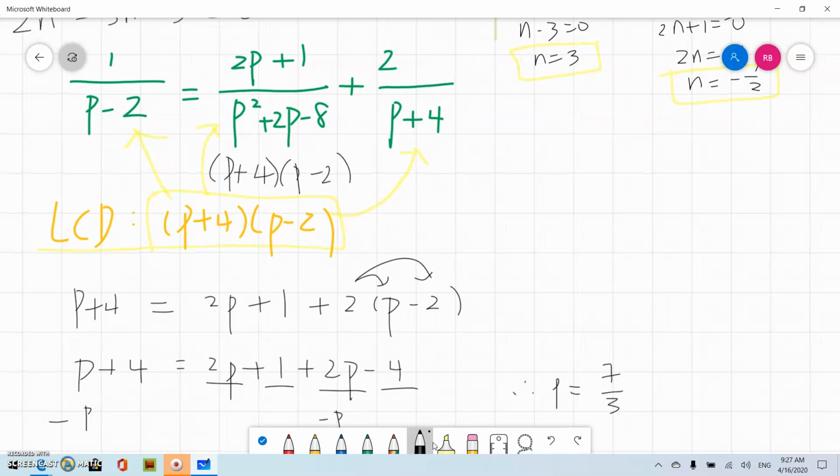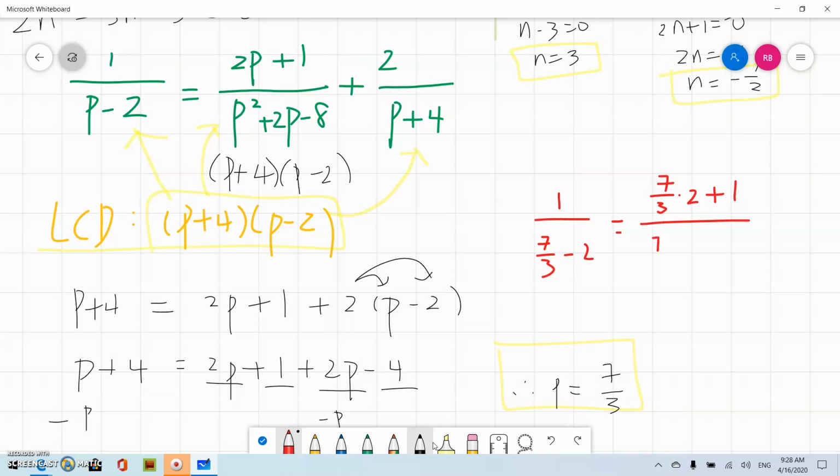Not done yet because we need to check our answers. And I know that is not a fun part. But we have a calculator, and especially when your answers are like a fraction, it's really not fun, and I get that. I feel the same.